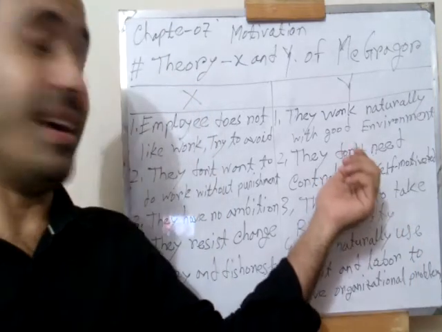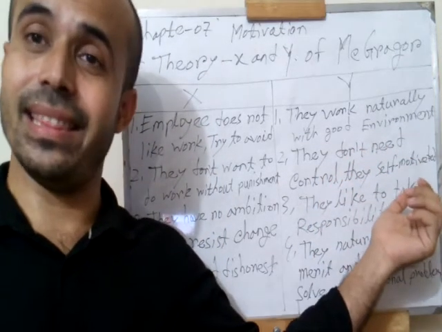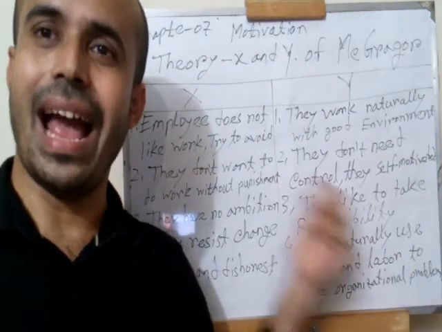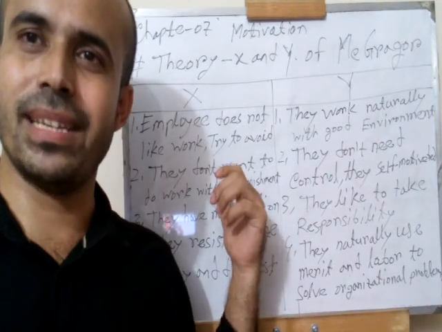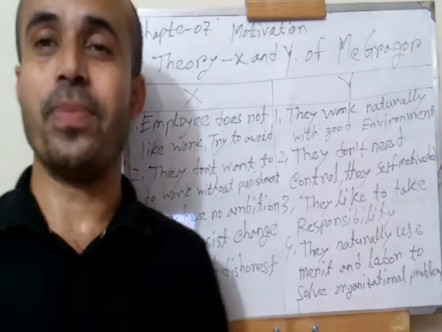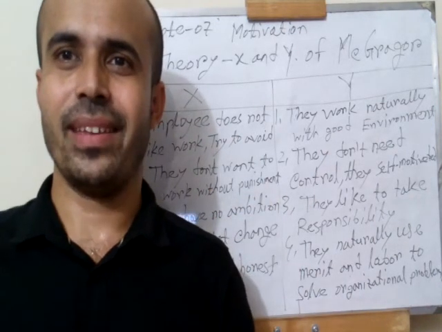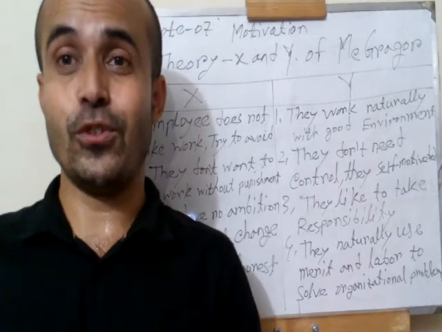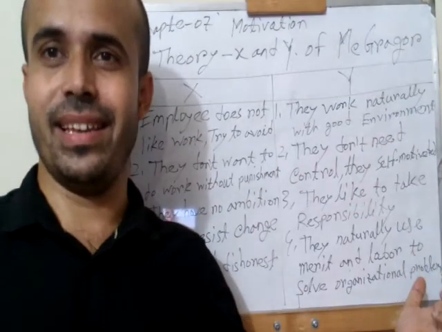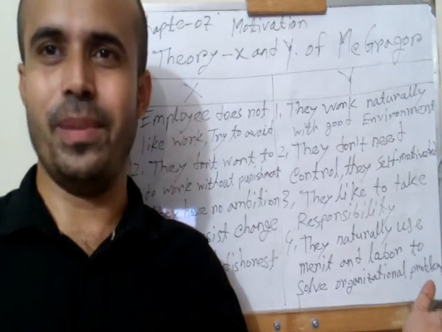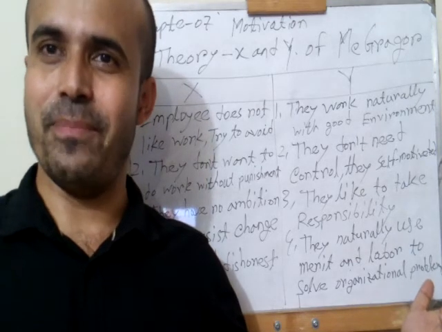So positive things in the Y theory and negative aspects in the X theory. So which one do you choose? If you choose only the positive, then your task will not be done perfectly or in time.